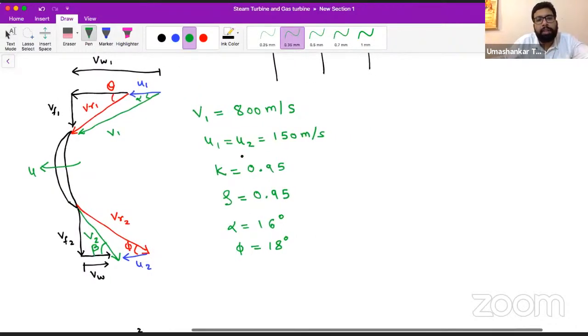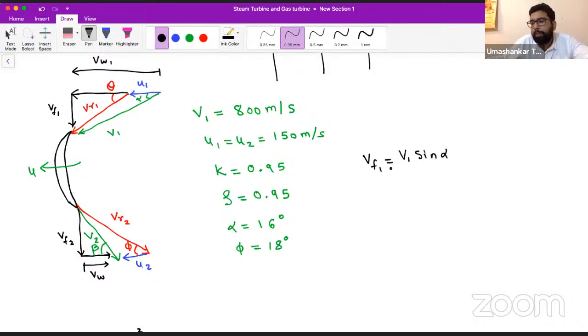Firstly we have V1. In order to find theta, let me first find out VF1. We know VF1 is equal to V1 sine alpha, from simple trigonometry, as we did in the previous class. Can anybody tell me the value of VF1?